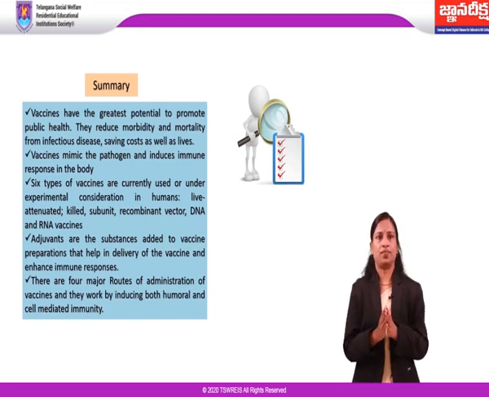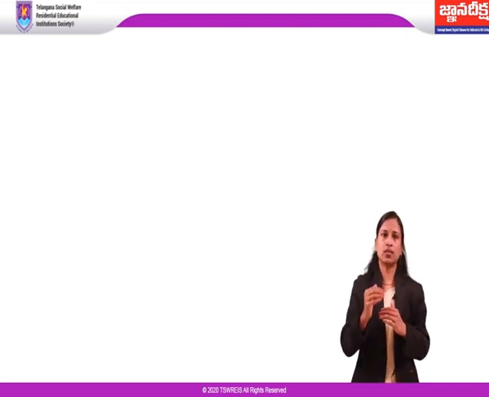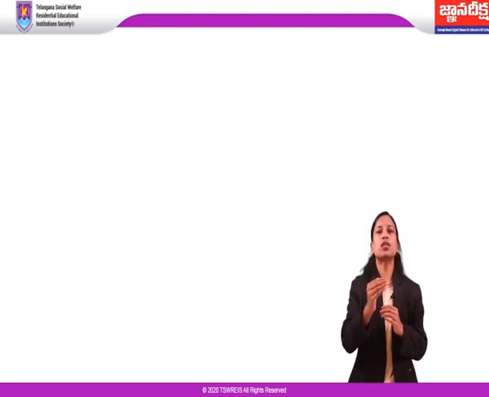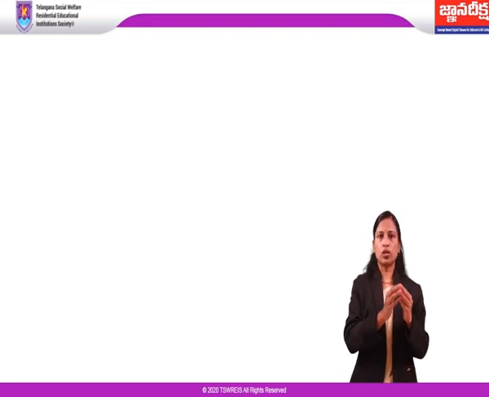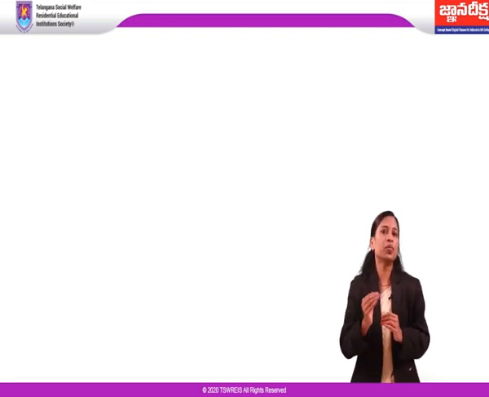There are 4 major routes of administration of vaccines, and they work by inducing both humoral and cell-mediated immunity. We have seen the journey of vaccines, how they are regulated from development to licensure to use by national regulatory authorities. The risks associated with vaccines are very low compared to the risks of the diseases they are designed to prevent. Also, we have seen the importance of vaccination in providing herd immunity that works by protecting the entire population if enough people get immunized.